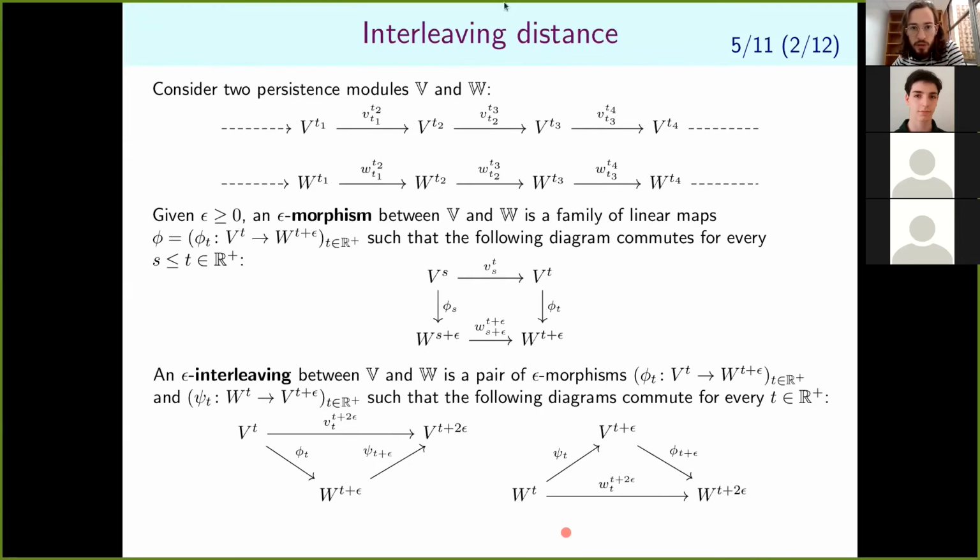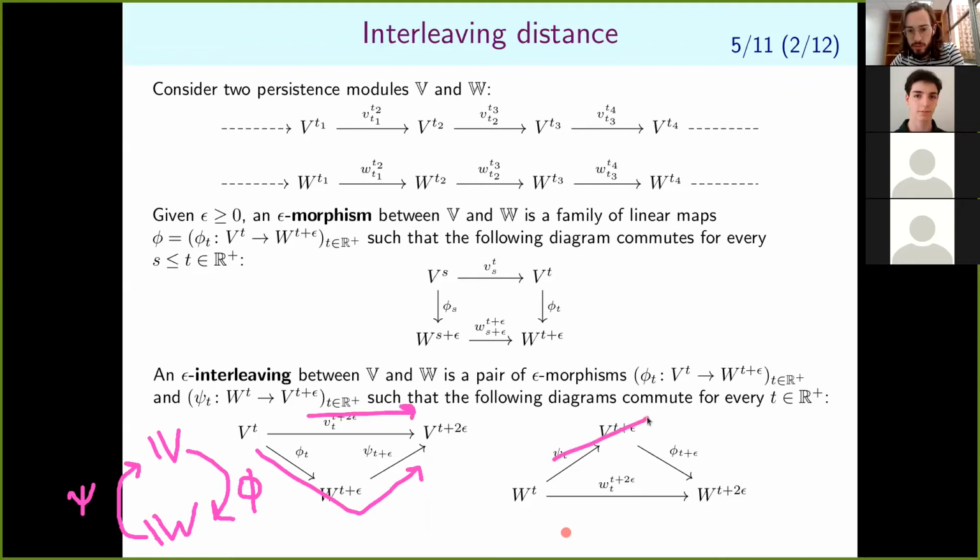So two epsilon morphisms means that I have my persistence module V, my persistence module W. I have a first epsilon morphism here, phi, and the second one up, psi. And I want these commutativities up. Trust me for the moment.